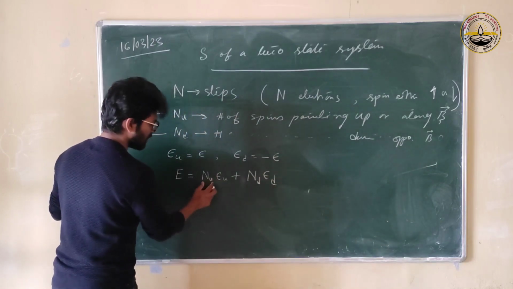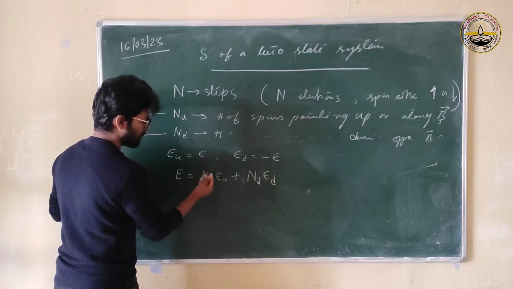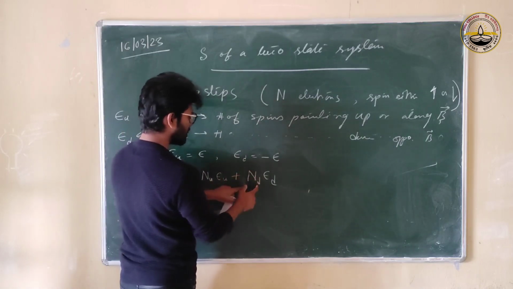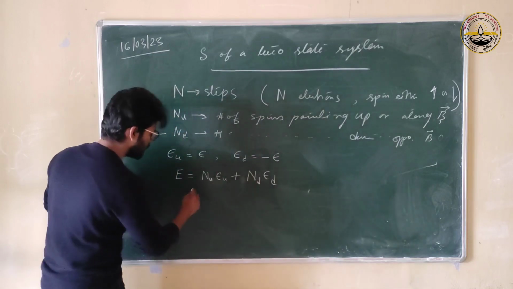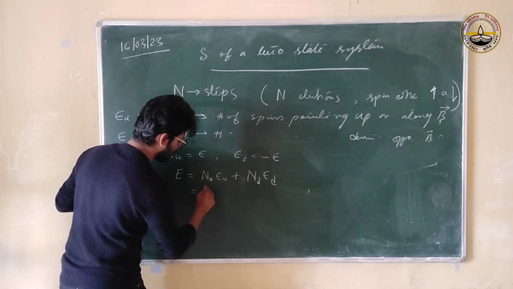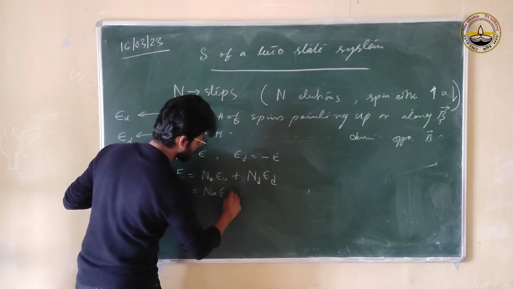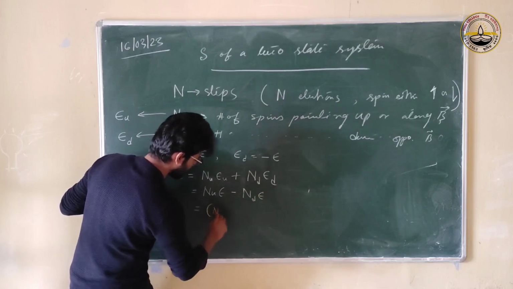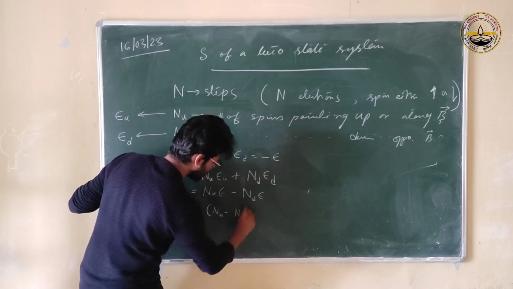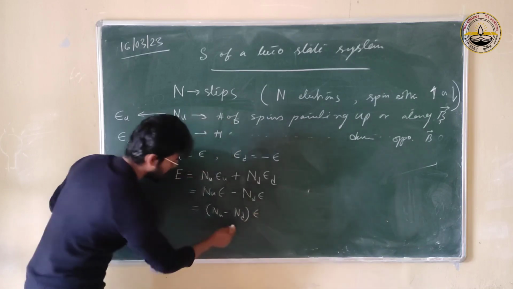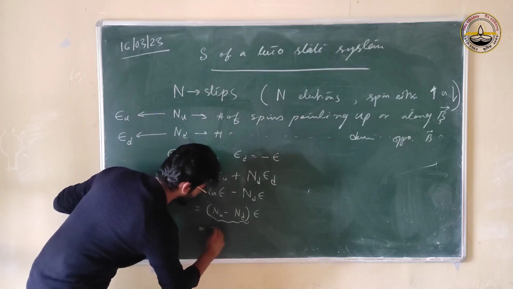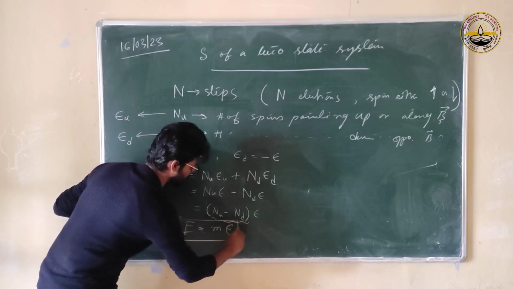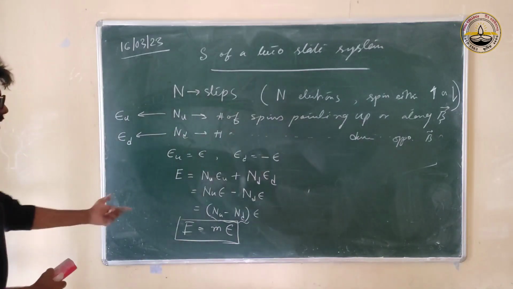I mean, N up number of particles are pointing up with their energy individually, and N down times E down. We did that, and this will become N up epsilon minus N down epsilon, so N up minus N down times epsilon, right? And we call that difference equal to M. So our total energy of the system will be M times epsilon.